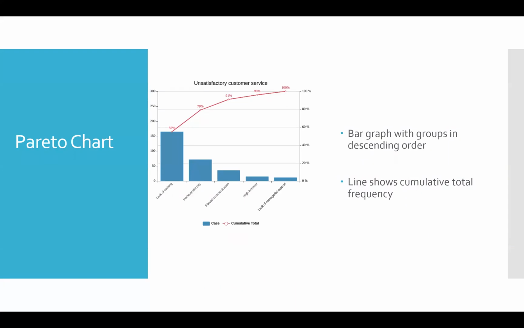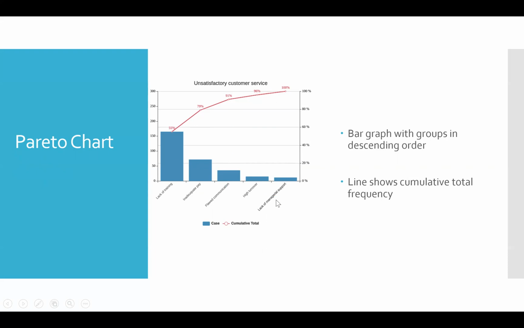Another type of bar graph that you'll occasionally see is called a Pareto chart. A Pareto chart is a bar chart, but it puts the bars in height order. This one has it in descending order. You can also see it in ascending order. So this shows the lack of training, inadequate pay, or unsatisfactory customer service.